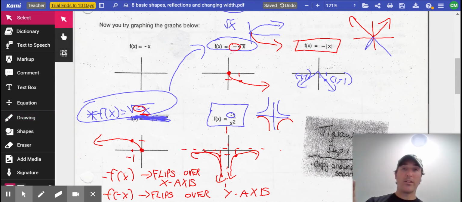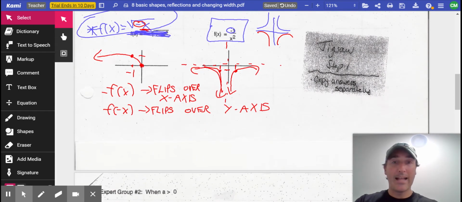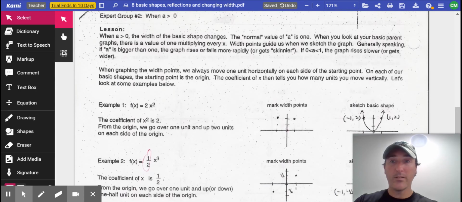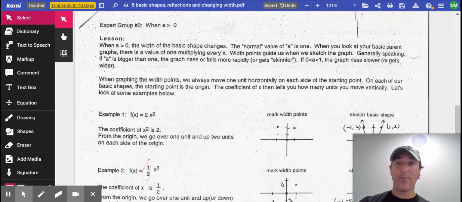This is where we're going to make the graph wider or skinnier. Again, it has to do with the a value, the leading coefficient. It kind of spells it out for us.